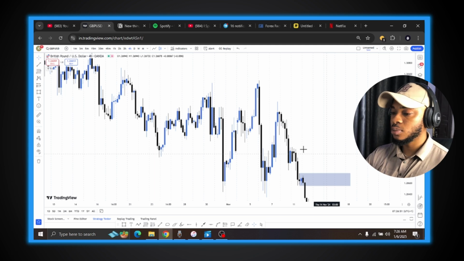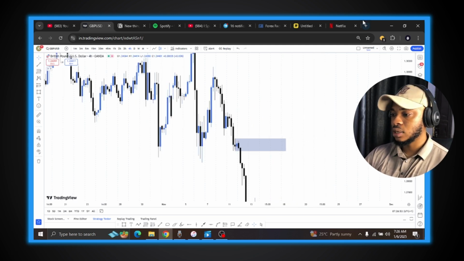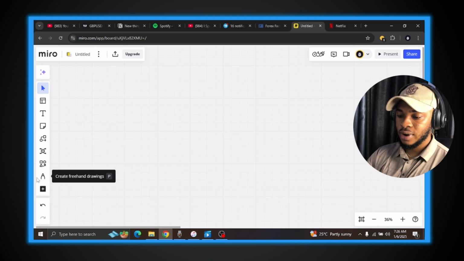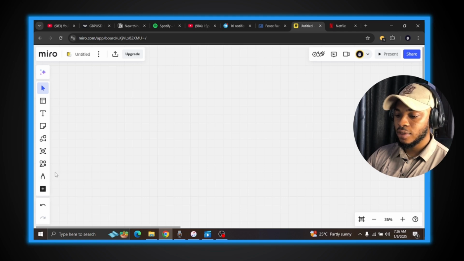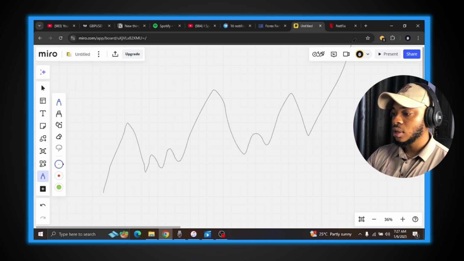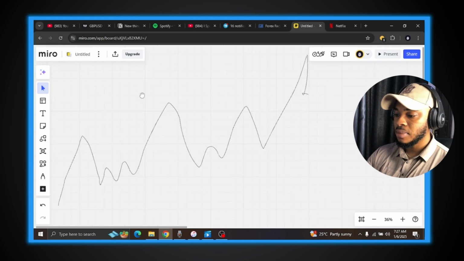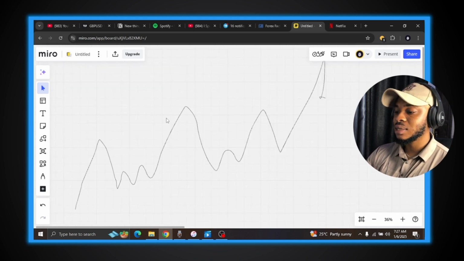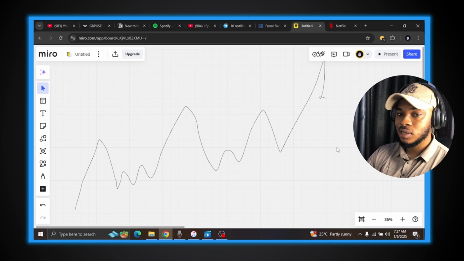Now I'll tell you the difference between a break of structure and a liquidity pool. So for instance, what I'm trying to show you right here is this. Now when you have the market moving like this, of course you know that the market is never straightforward. The market gives a lot of zigzags.